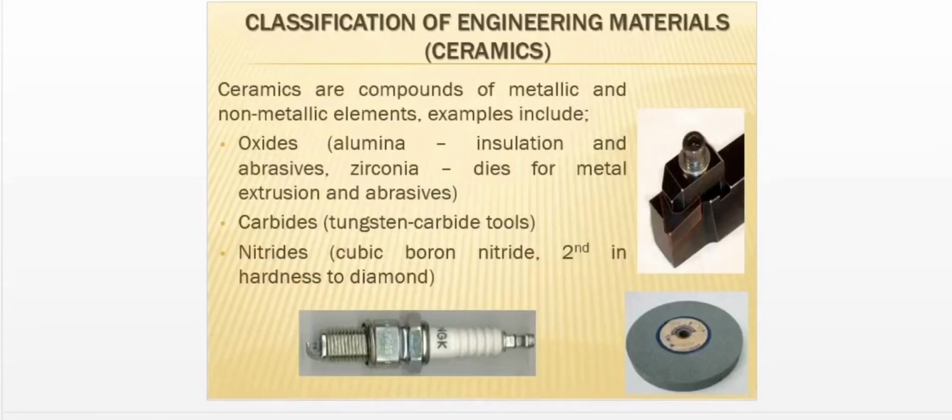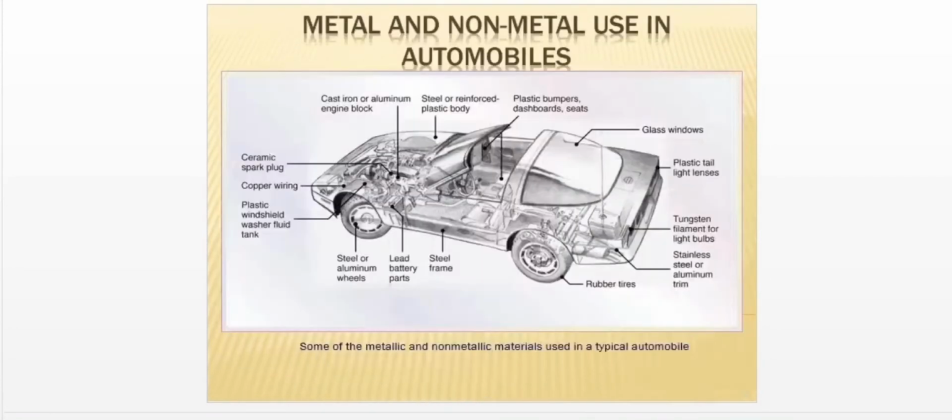Ceramics are compounds of metallic and non-metallic elements. Examples include oxides, alumina for insulation and abrasive, zirconia, which is used for dies for metal extrusion, and abrasive. Let's say if you are going for the process of extrusion, that's why we use ceramics for the dies, and then carbides and nitrides. So this is the example, right?